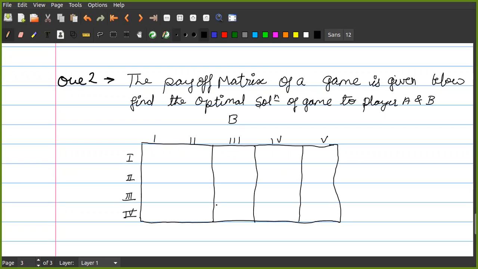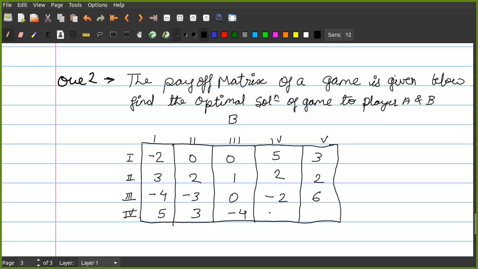It's difficult to draw them looking at the screen and drawing on the board. So let me write the values here. This is -2, 0, 0, 5, 3, 3, 2, 1, 2, 2, -4, -3, 0, -2, 6, 5, 3, -4, 2, -6.